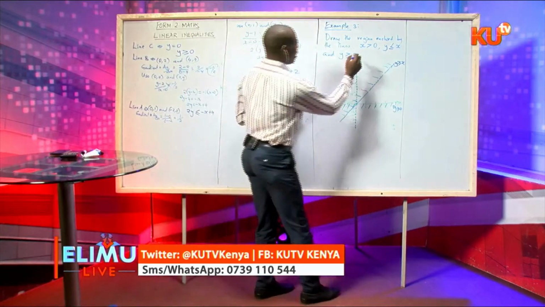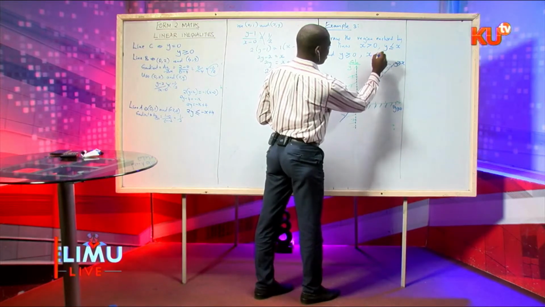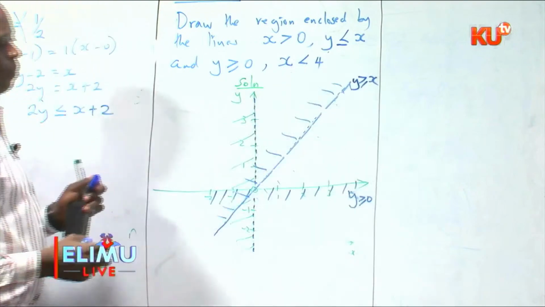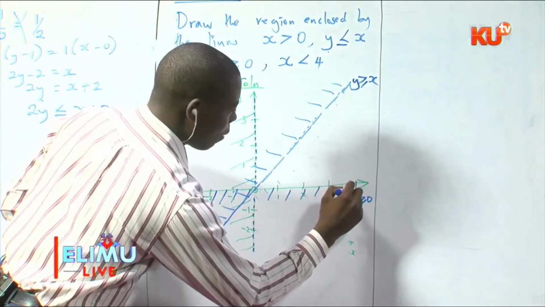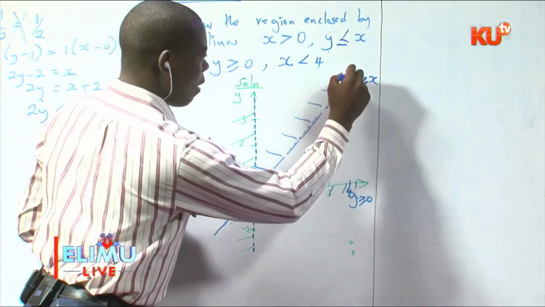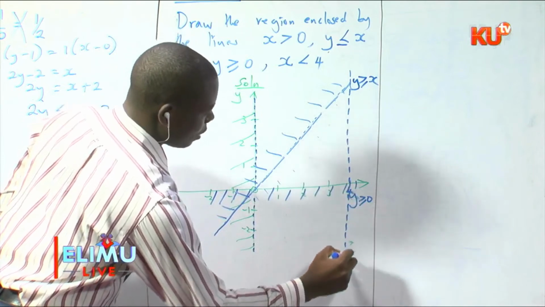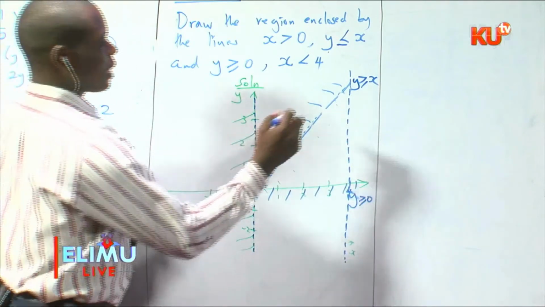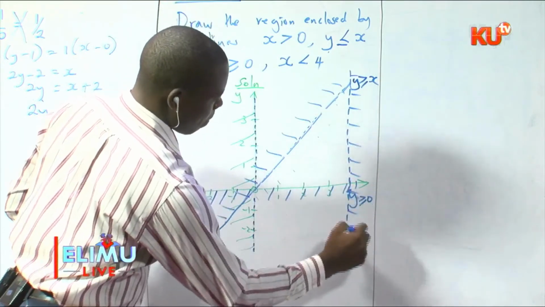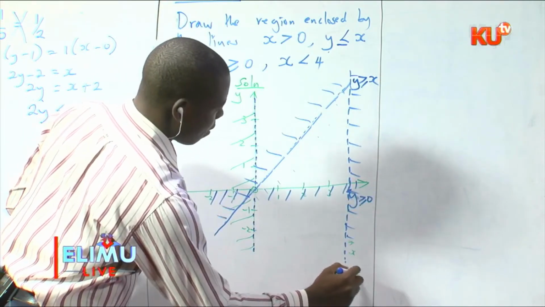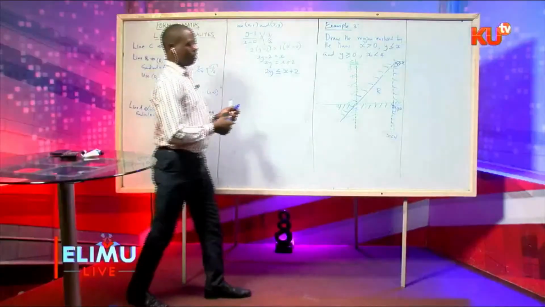Now we shade the opposite side. And then we add another line, assuming we have x less than 4. On the x-axis, identify 4 and draw a vertical line through x equals 4, again dotted, and the values of x less than 4 will be on this side. So now we have a region R.